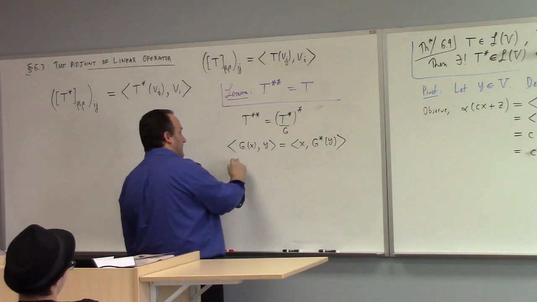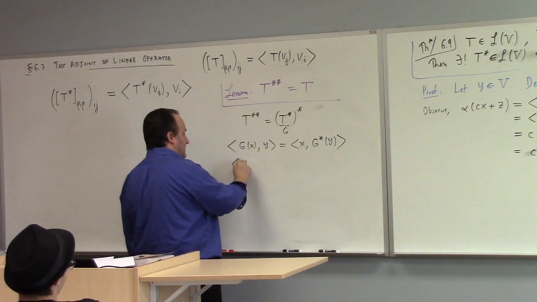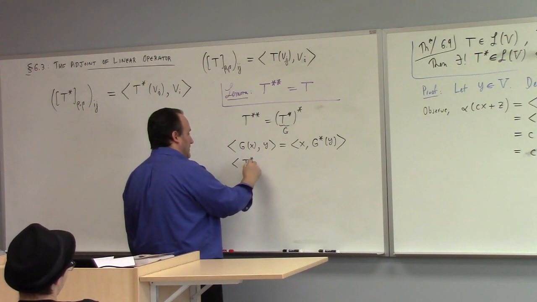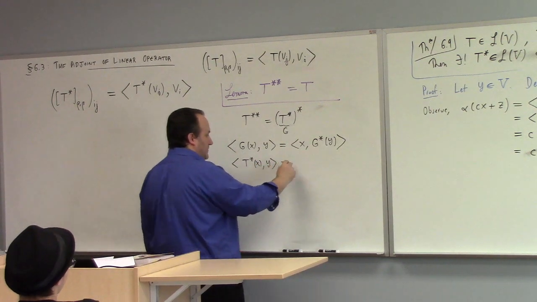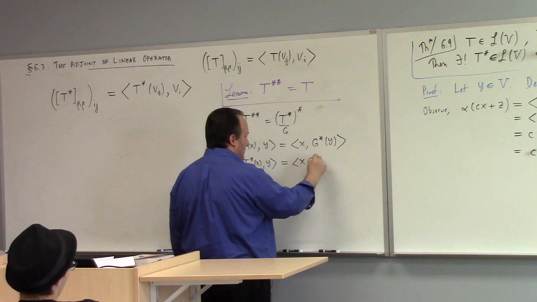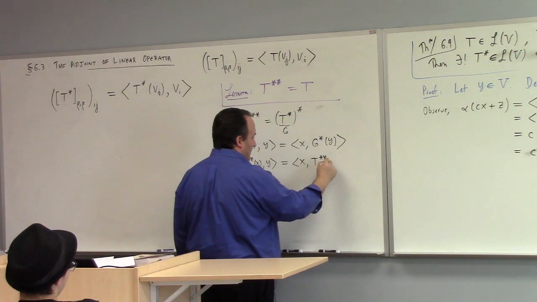But that would tell me that T star of x comma y is equal to x comma T star star of y.